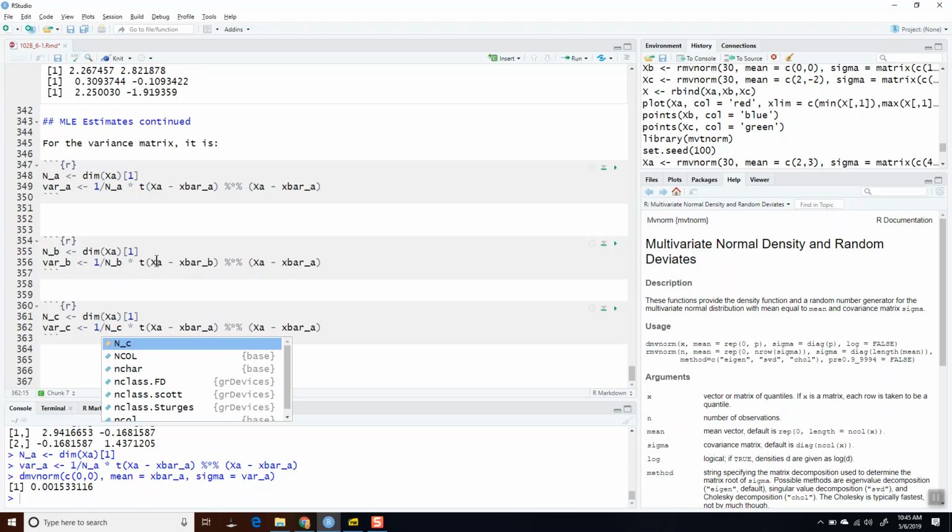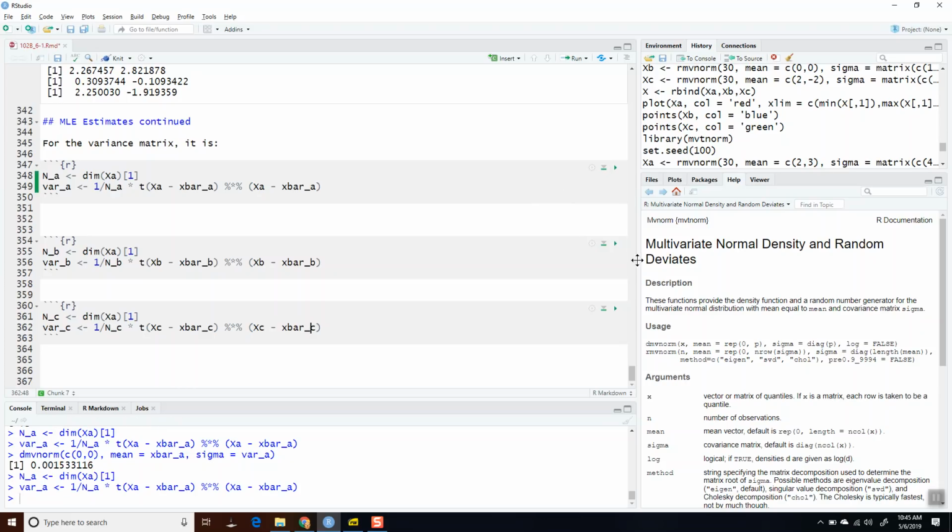So I think over here I've got xb and x bar b and xc. Go ahead and calculate all of these things.